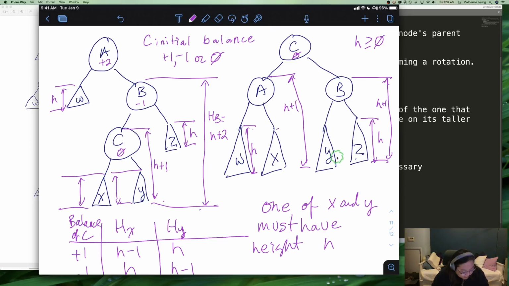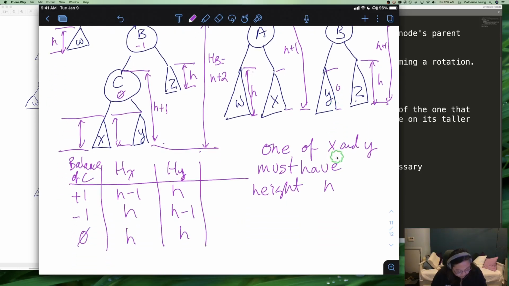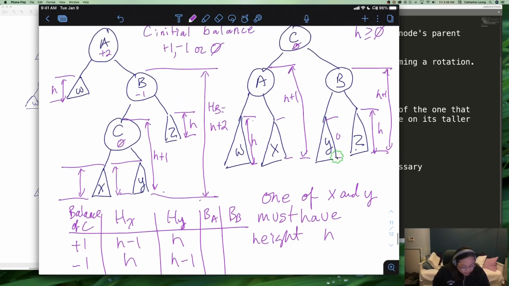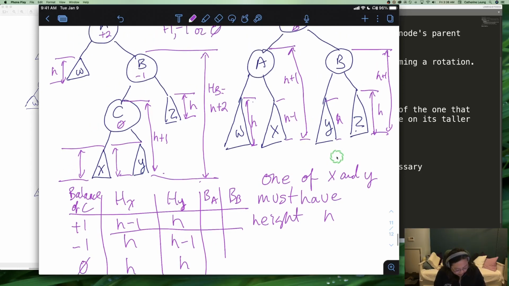Now, what about the balances of A and B? Those might be different. It depends on what C was beforehand. So, balance of A, balance of B. If X had been h minus 1 and Y was h, that's what the first row says. If that was the case, then the balance of A is going to be minus 1 and the balance of B will be 0.